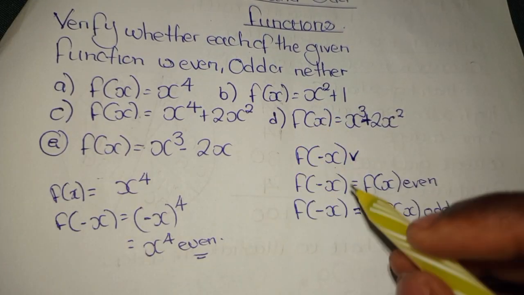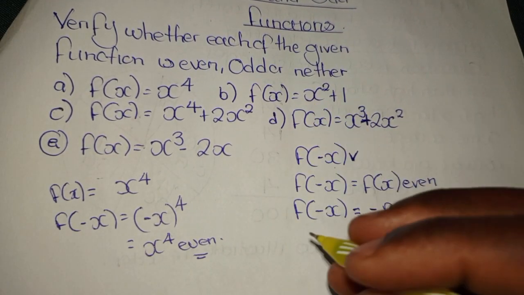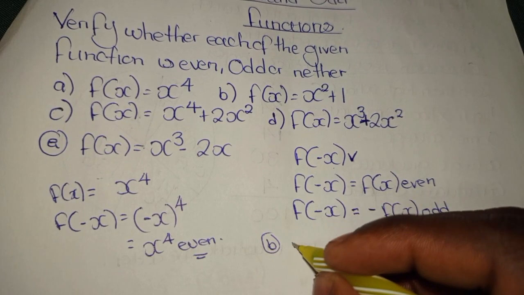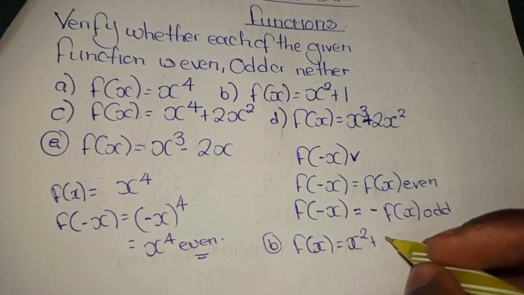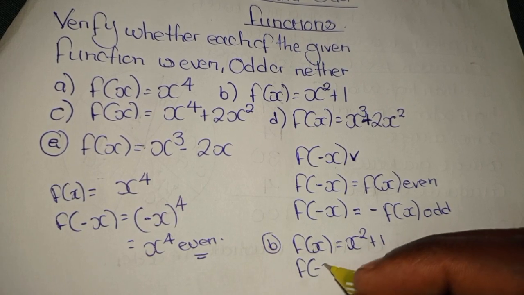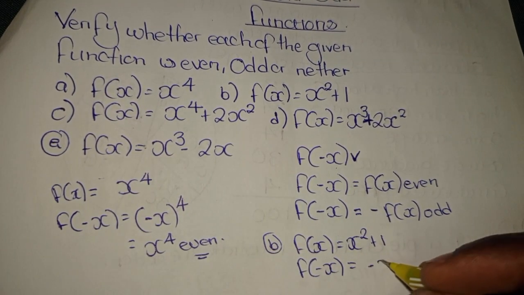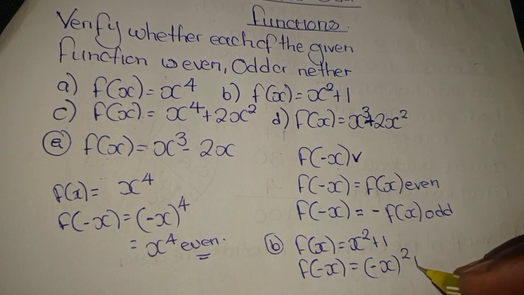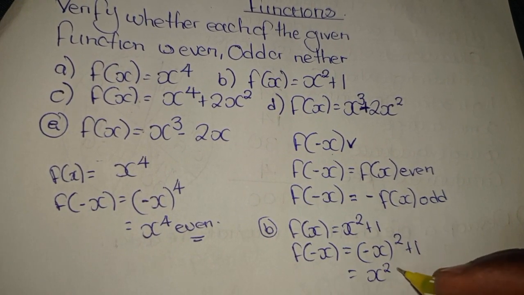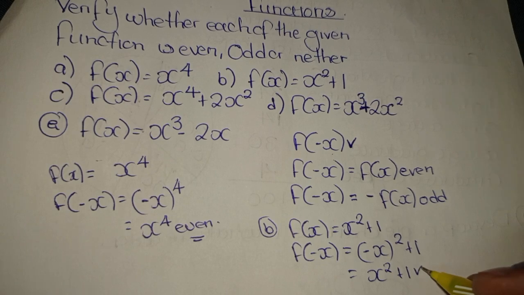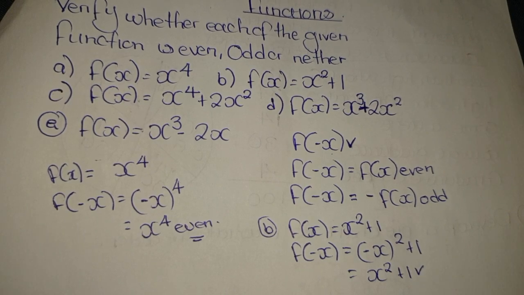Then if you put the same negative x into b, where the function is f of x equals x squared plus 1, f of negative x is equal to negative x squared plus 1. So this basically gives you x squared plus 1. So this function is still even.